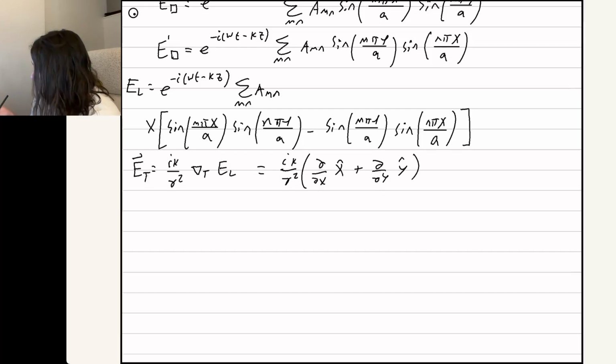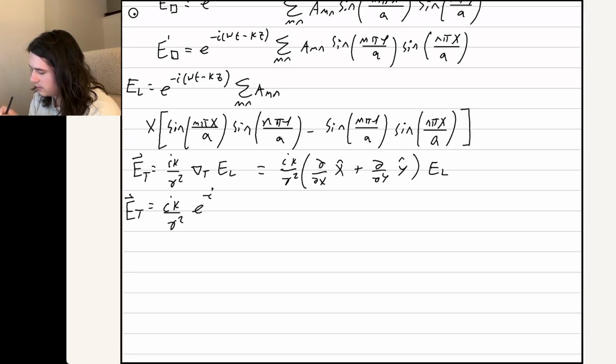Just a gradient, but without the z direction, pretty much. So what that's going to look like is the transverse E vector will be ik over gamma squared e to the minus i omega t minus kz, the sum over mn of amn.